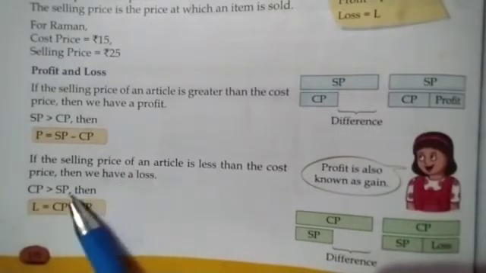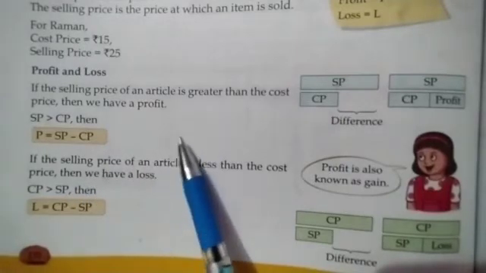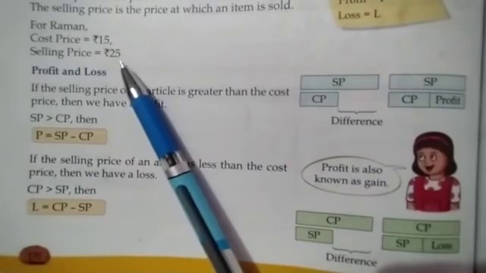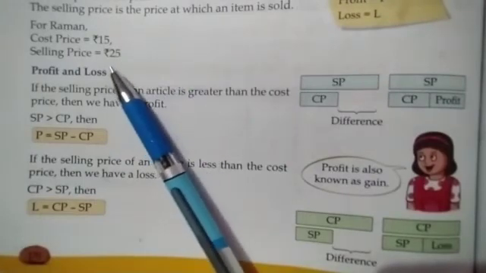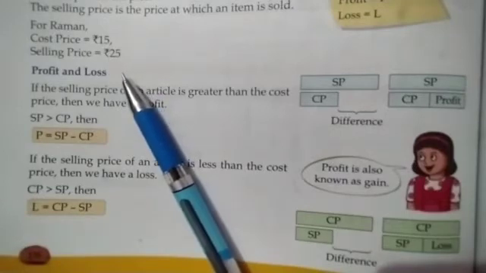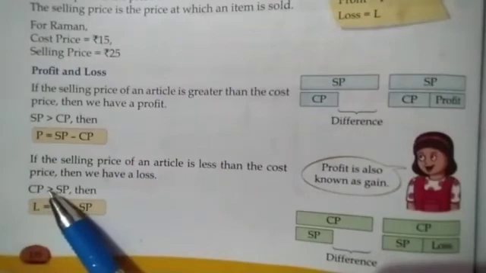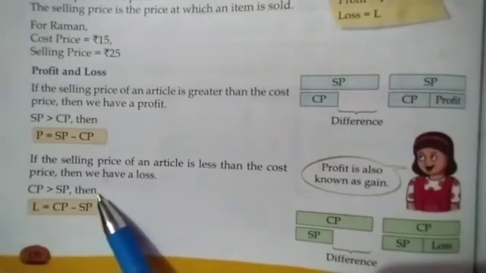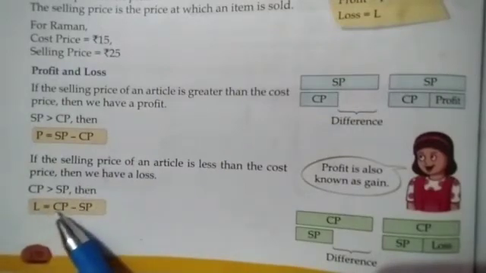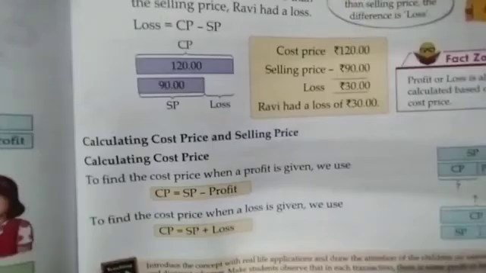For example, CP is 25 and SP is 15. Then we lost 10 rupees. That is loss. CP is greater than SP. Then loss equals CP minus SP.